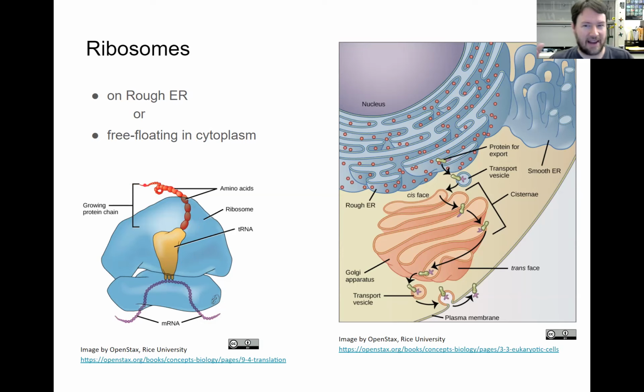Ooh, this kind of links back to those macromolecules, right? So ribosomes are really, really important for the cell. And all cells have to have them because all cells need proteins to do the work of that cell.